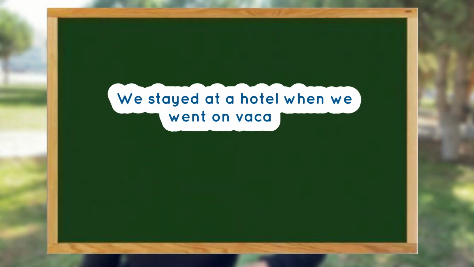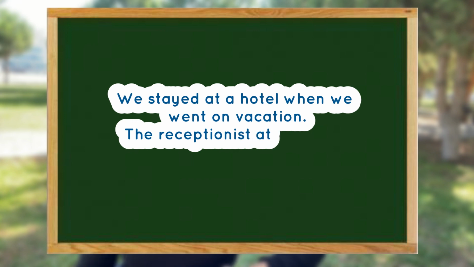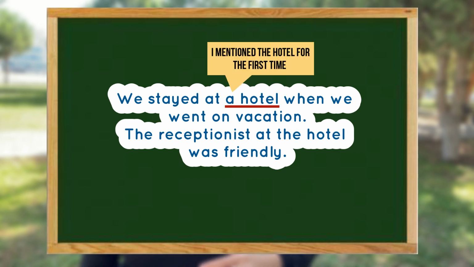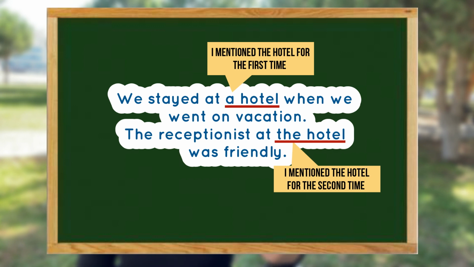We stayed at a hotel when we went on vacation. The receptionist at the hotel was very friendly. So, a hotel is when I mention that thing for the first time. But I mention it again, so I use the, because we already know what kind of hotel I am talking about.